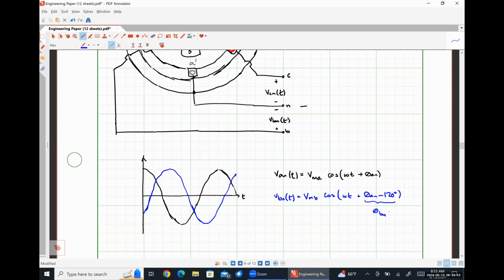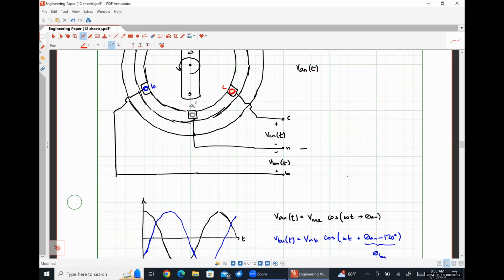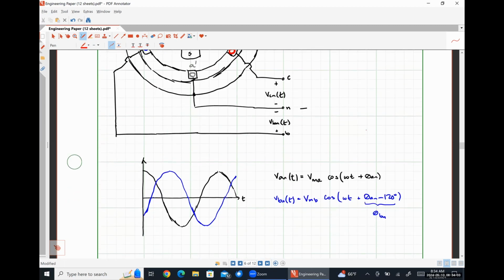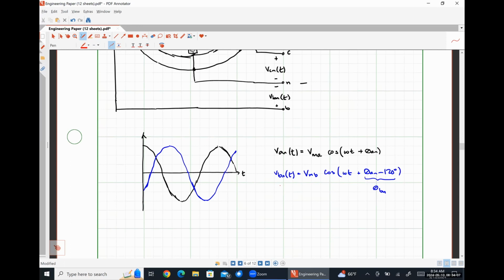is constructed. When we go another third of a cycle around, we should see that our C phase voltage will now be at its maximum. Somewhere about right here, I think.